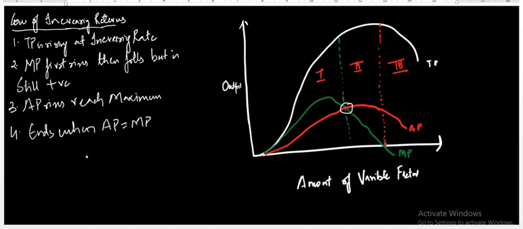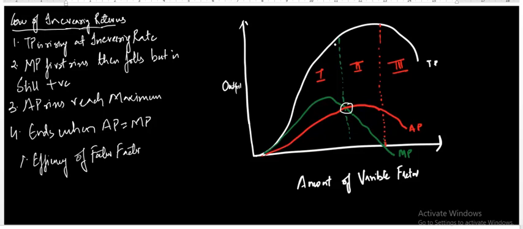This is because of two reasons. The first is the efficiency of the fixed factor, because the fixed factor is now being employed efficiently. Earlier we just had 1, then we move to 2, then 3 and 4 and so on.